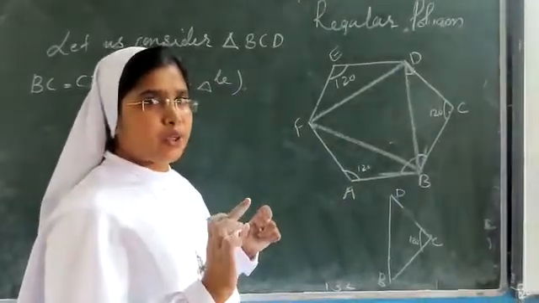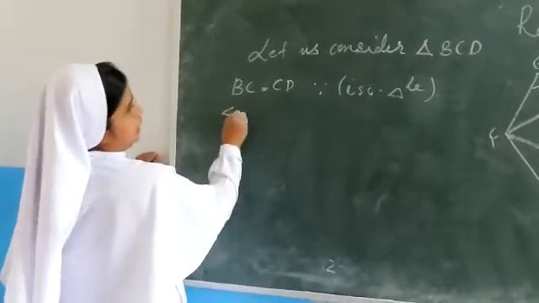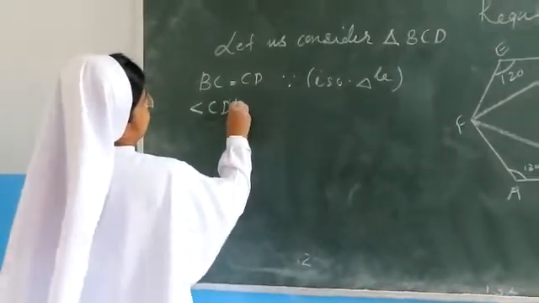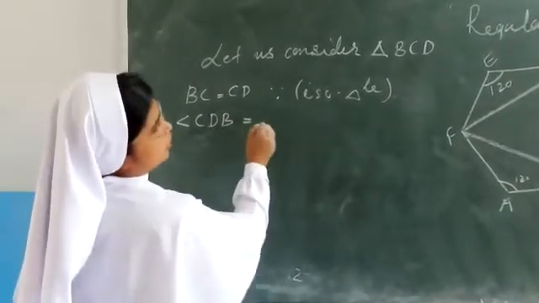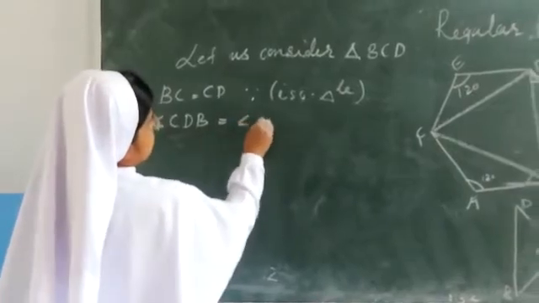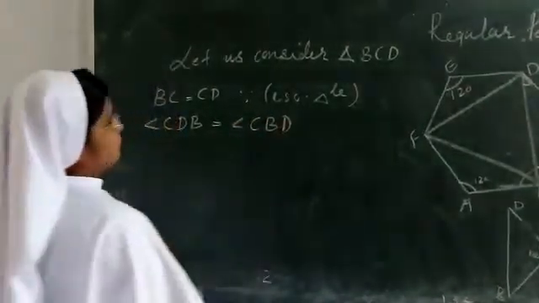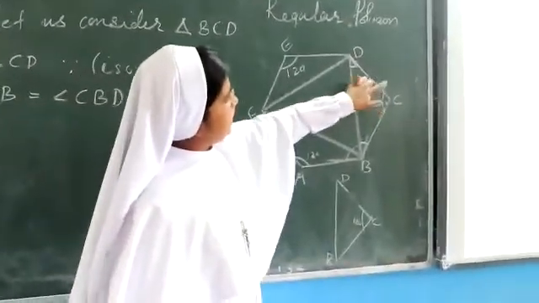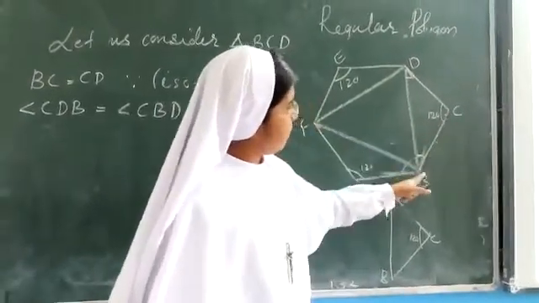Because both are equal, so we can write angle CDB is equal to angle CBD.